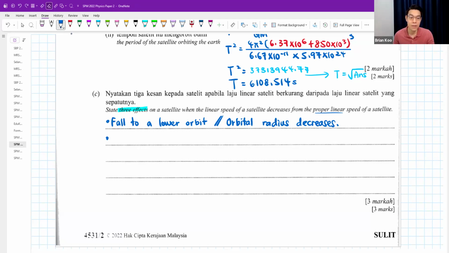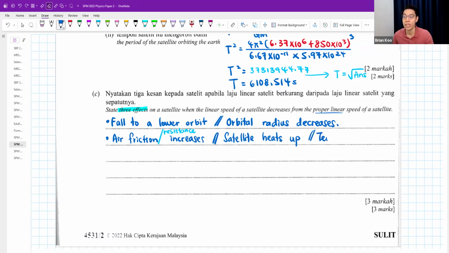So maybe you can say, as you fall very fast and you enter the Earth's atmosphere, air friction increases. Air resistance also can. And then the satellite heats up, or you can say temperature increases.